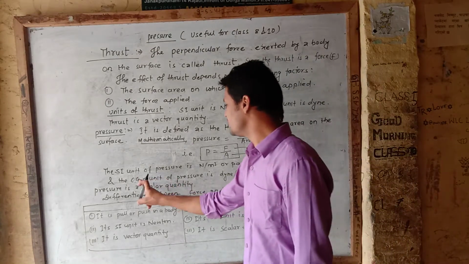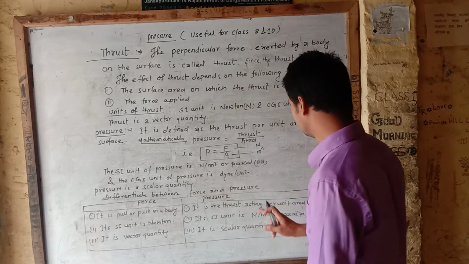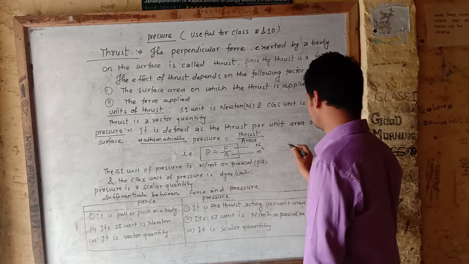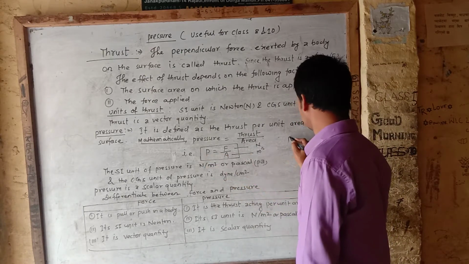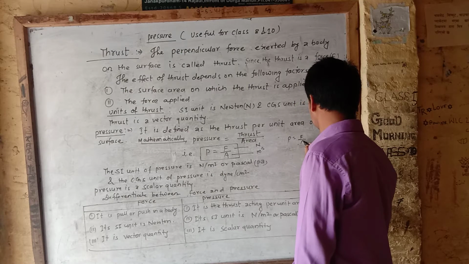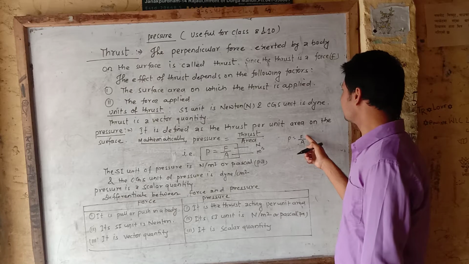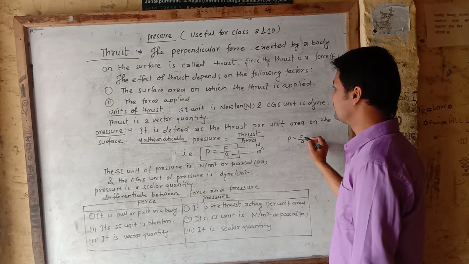Similarly, the CGS unit of pressure is dyne per centimeter square. How can you write the dyne per centimeter square? We have discussed that pressure is equal to force by area, and we have already discussed the CGS unit of force.